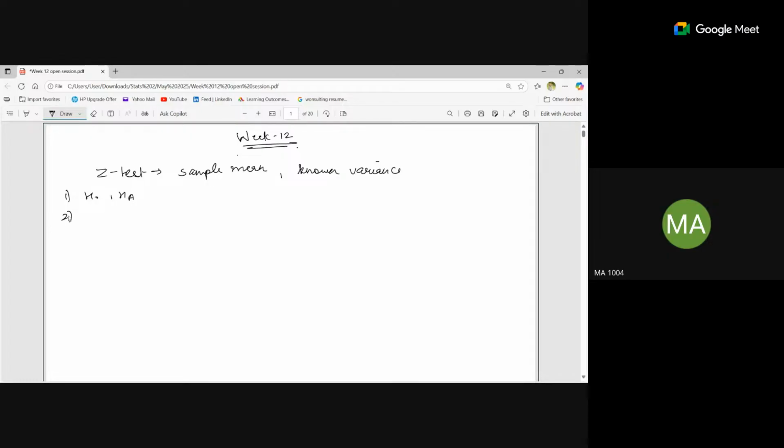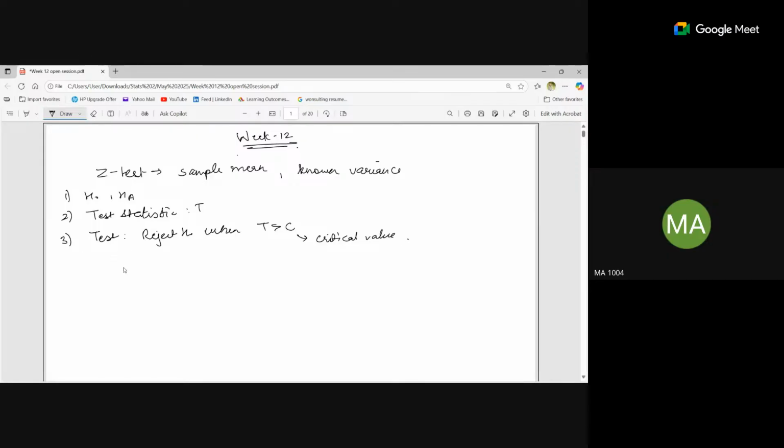The second step is a test statistic, which is T. Then we have a test where we reject the null hypothesis if T is greater than some C. And what is this C? C is some critical value, correct? So these are the steps that we do in hypothesis testing.